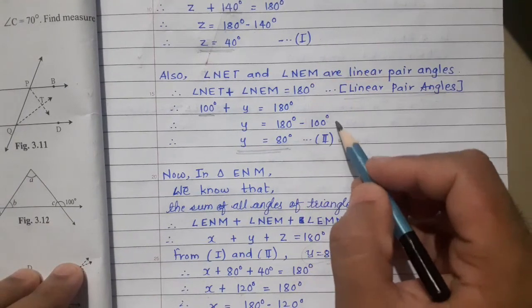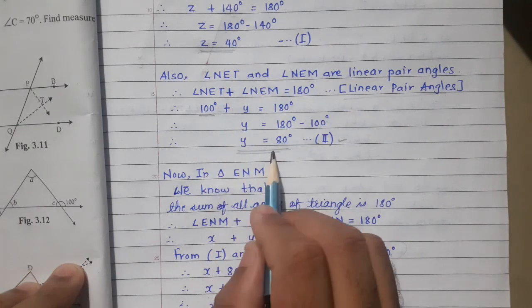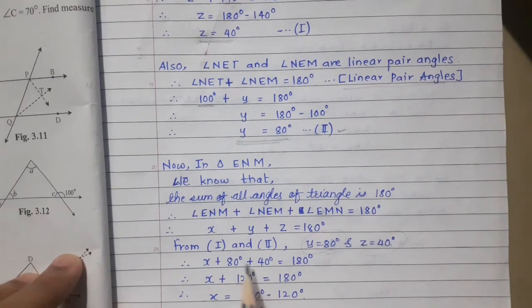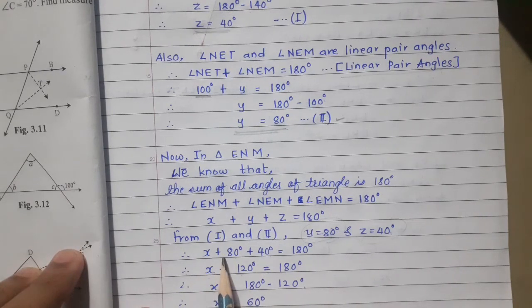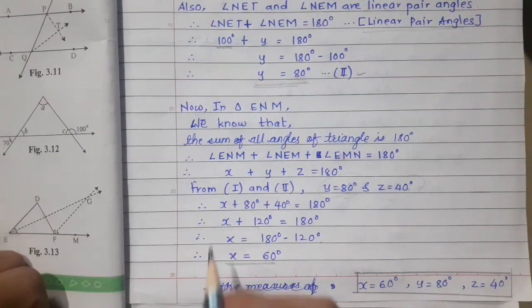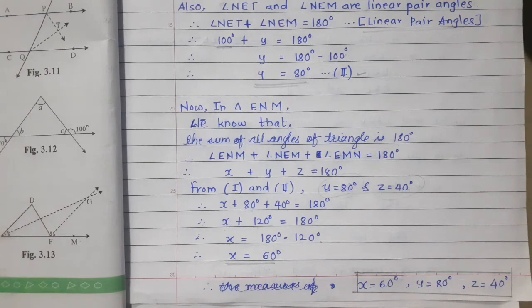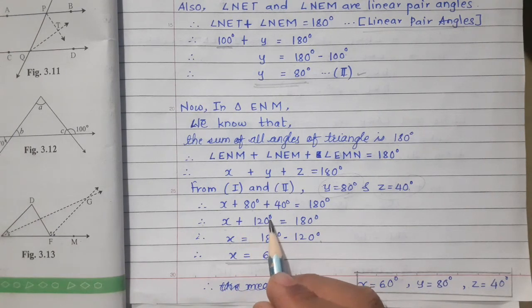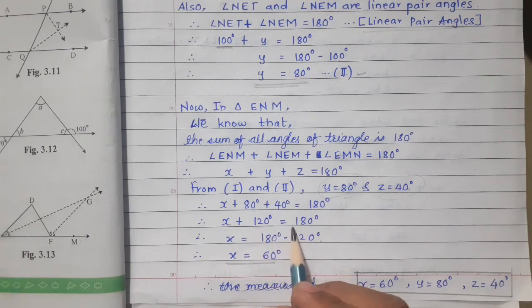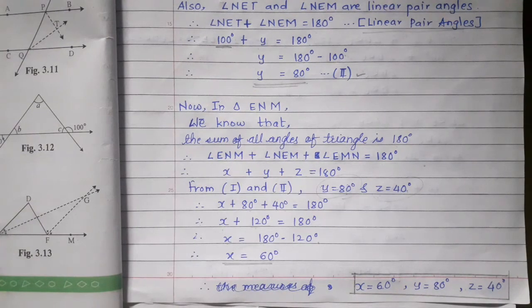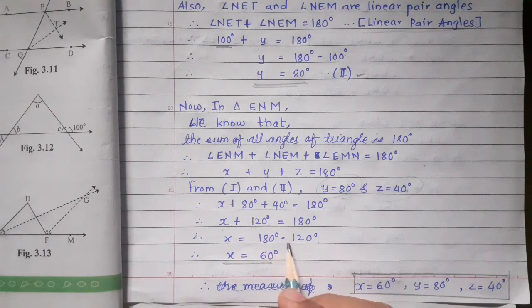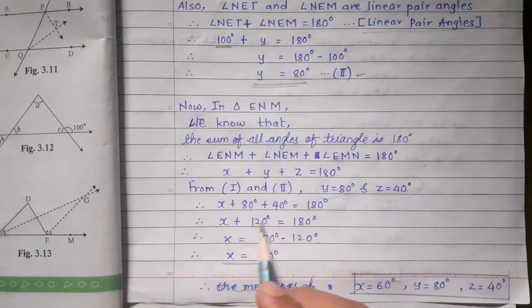From first and second, we have Z is equal to 40 degrees and Y is equal to 80 degrees. Then put these values in this equation. So we have X plus 80 degrees plus 40 degrees is equal to 180 degrees. 80 plus 40 is 120 degrees. Then we have X plus 120 degrees is equal to 180 degrees. Then X is equal to 180 degrees minus 120 degrees. 120 is positive on the left hand side, when it goes to the right hand side it becomes negative.